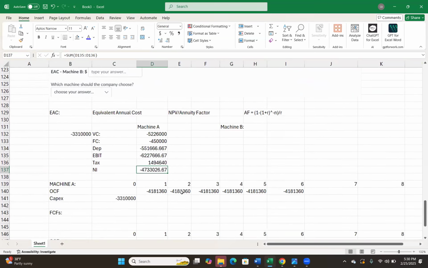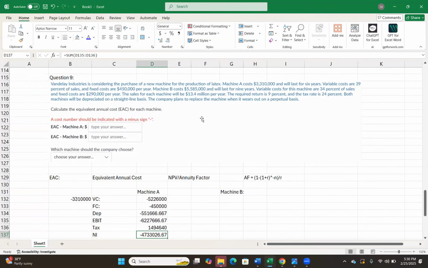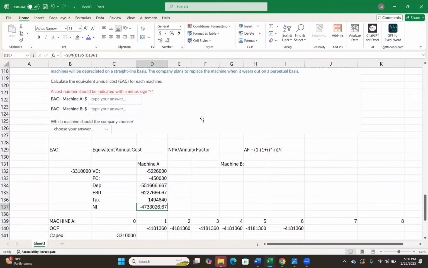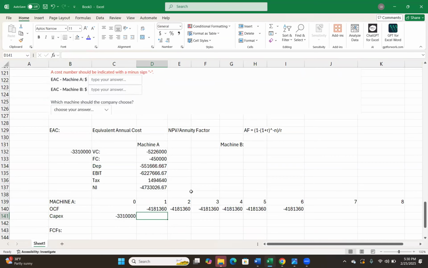Awesome. Okay. It doesn't say anything about residual values in here. Let me make sure. Okay, yep. That looks right to me.